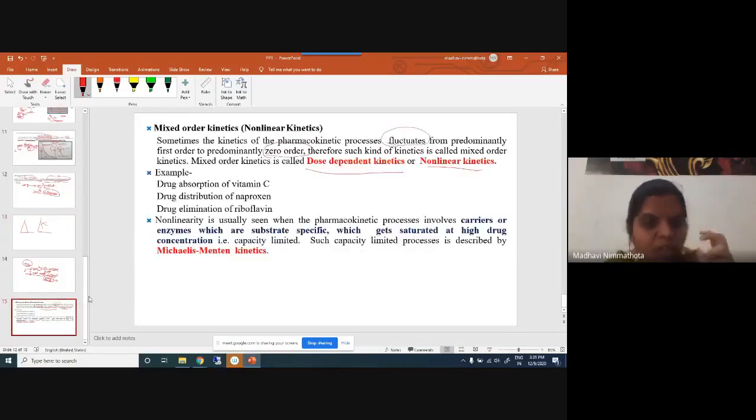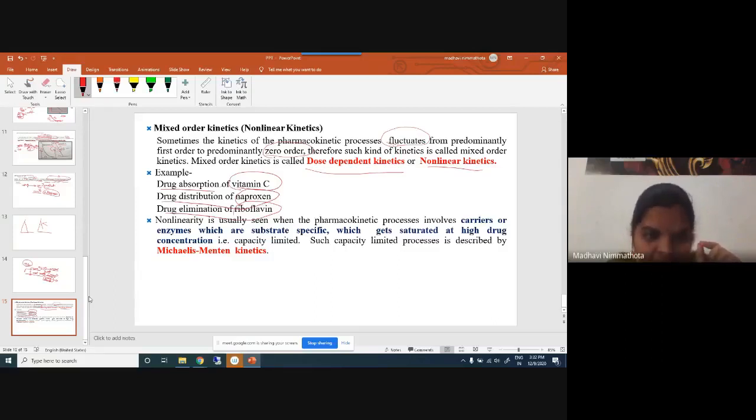So what are examples of drugs behaving with this kind of pattern? Drug absorption of vitamin C, drug distribution of naproxen, and drug elimination of riboflavin. Here the mechanisms are different and the drugs are also different.